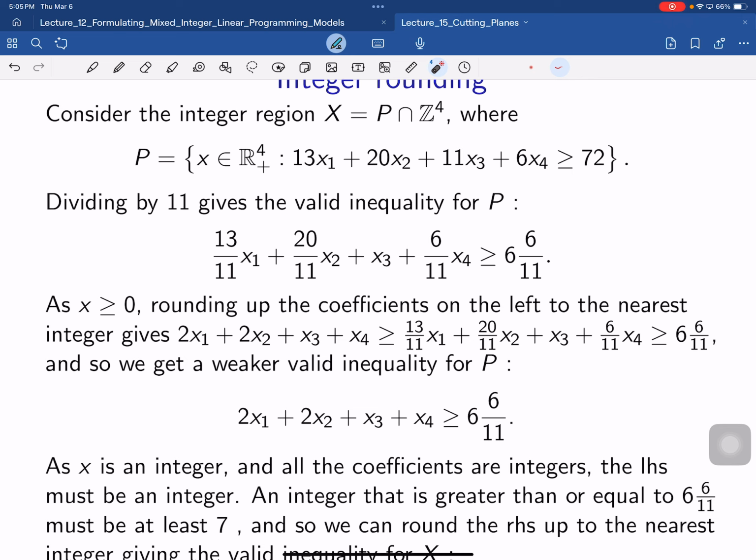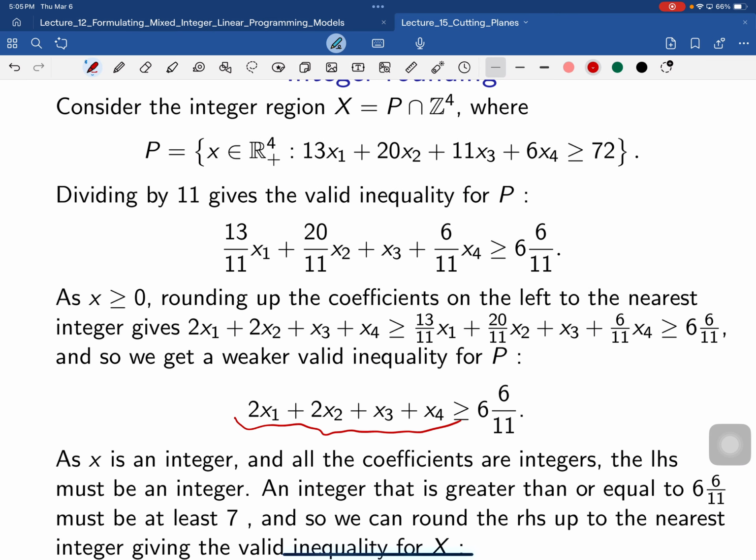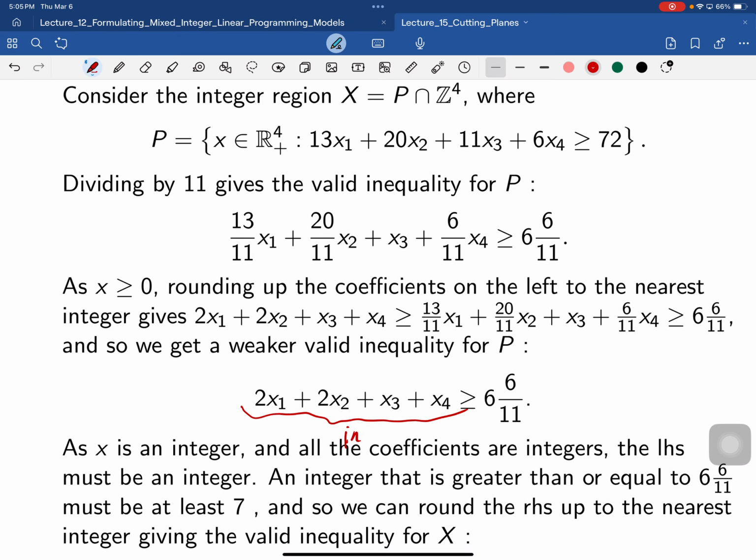An observation here is all the coefficients and the numbers on the left-hand side are integer. All the x are integer, and all the coefficients are integer, so this whole thing on the left-hand side must be an integer. On the right-hand side is not an integer.